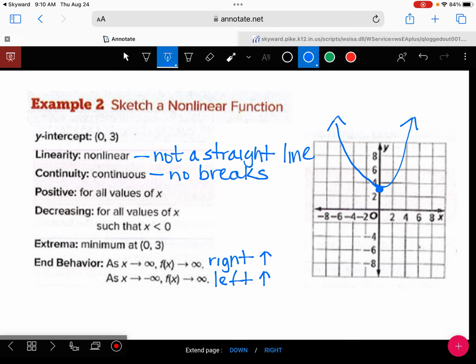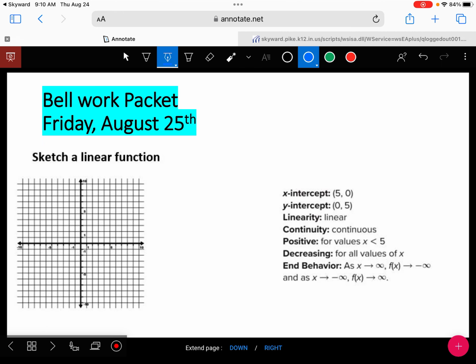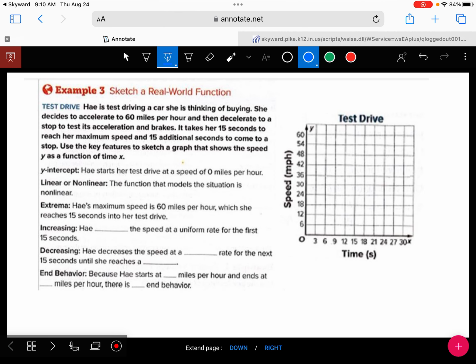All right, next graph. Let's look at Example 3, and then we'll end there.